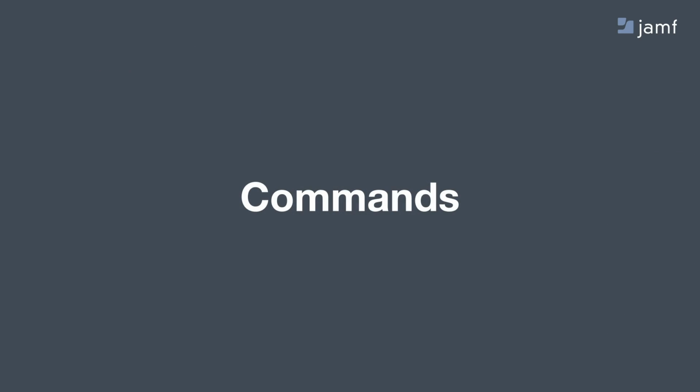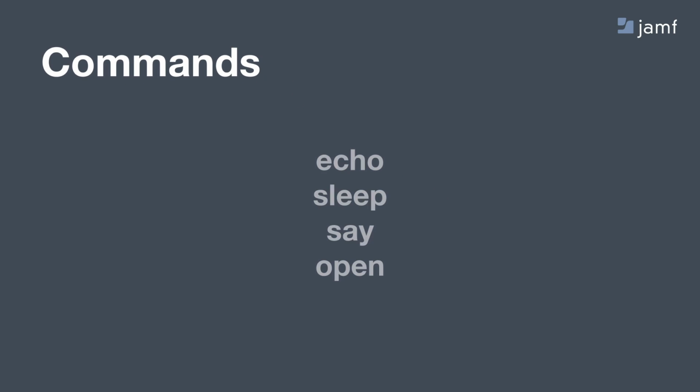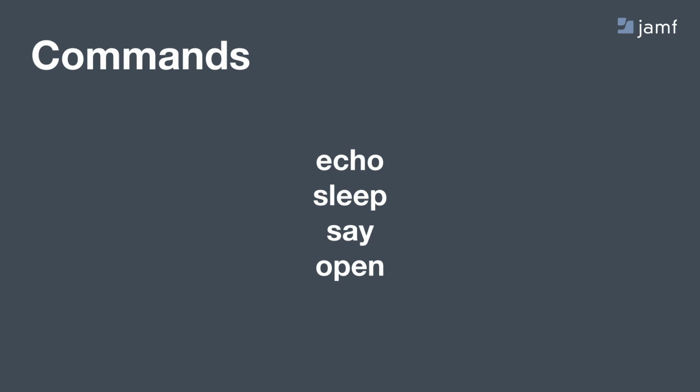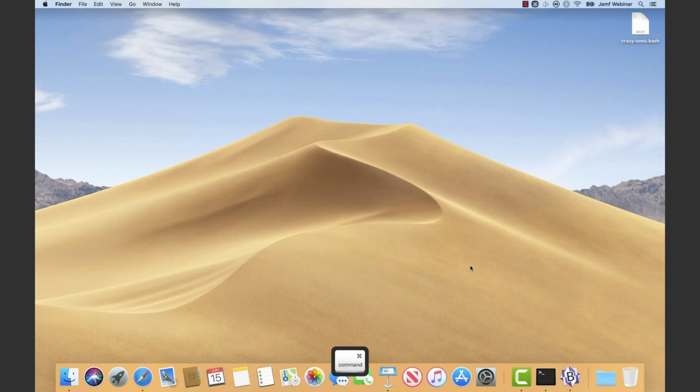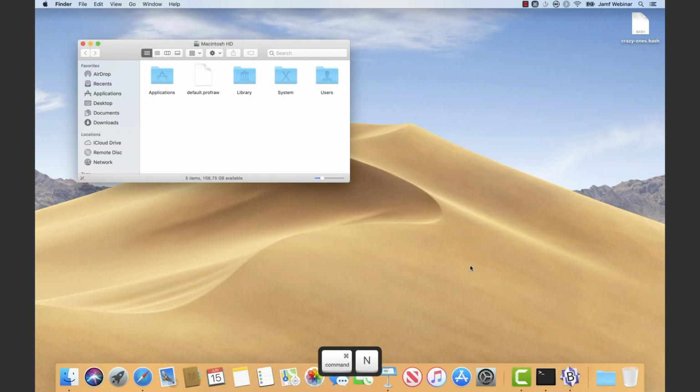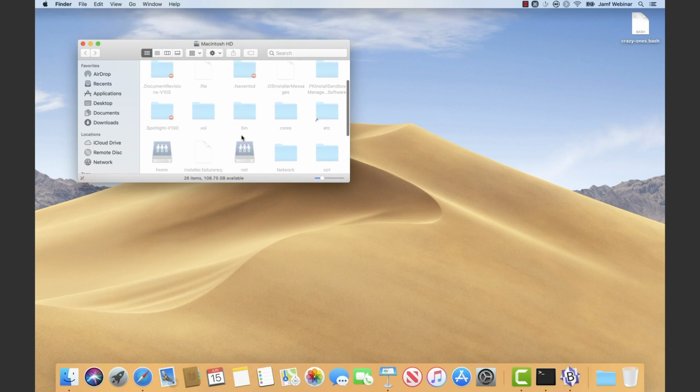One of the reasons why anyone who's not familiar with scripting is intimidated by it is that they don't know how the commands work. Many commands, like those we've seen so far, are pretty straightforward and they're easy to learn. But just how many commands are there? Let's explore a little. I'm going to open a new Finder window at the top of the Macintosh hard drive, and then I'm going to press Shift-Command-period to show hidden files and folders.